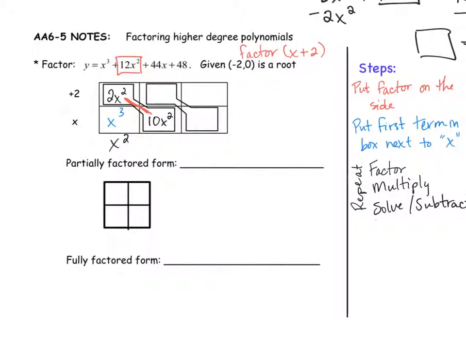So I'm going to factor: x times something gives me 10x squared, so that's going to be 10x. Multiply 10x times 2, you get 20x. Then I have 44x for my x term, minus the 20x is going to give me 24x.